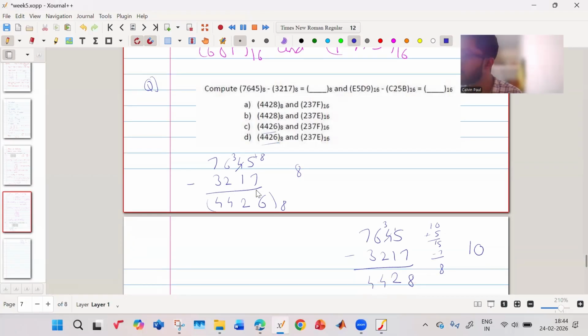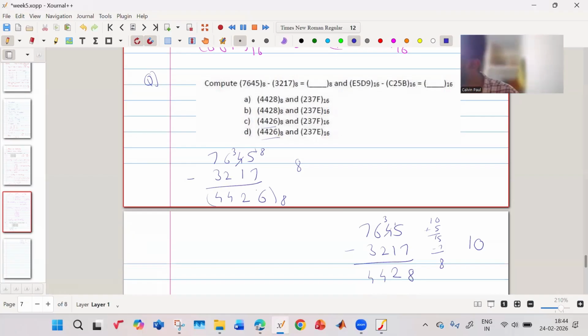Now, similarly, you have to do E5D9 minus C25B. Now, 9 is less than B, because B is 11. So D, you decrement it, so it becomes C. And then you give it 16 plus 9.